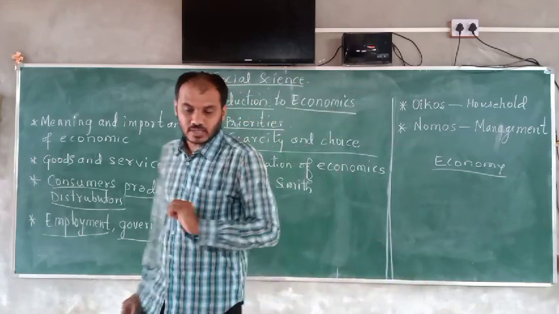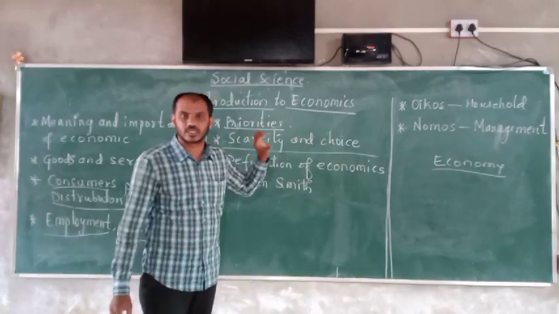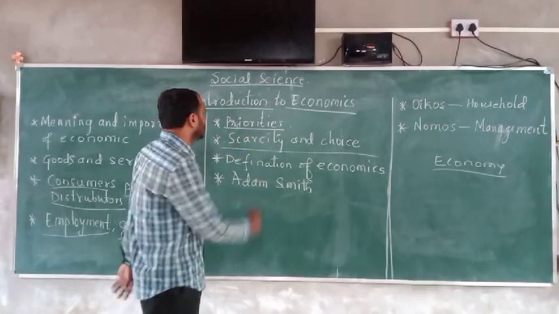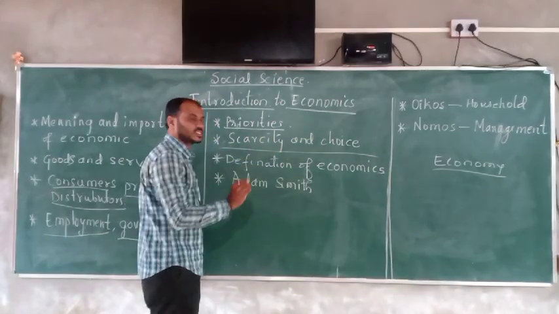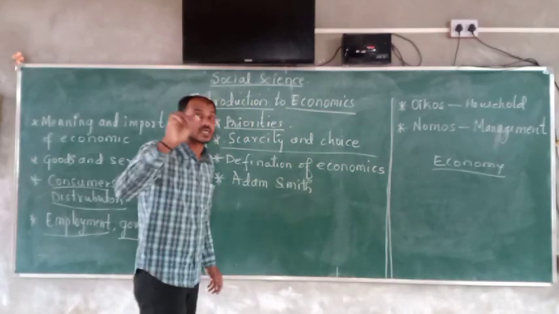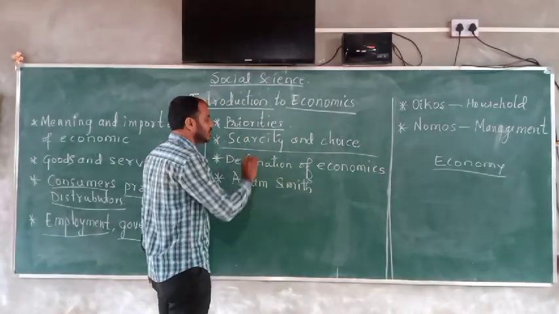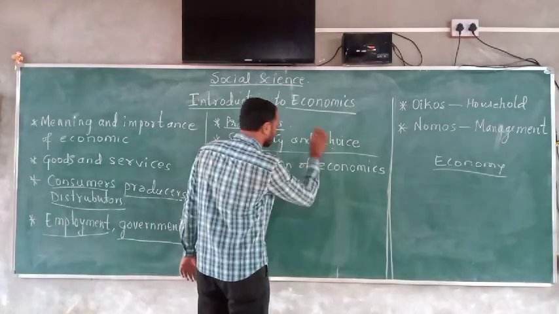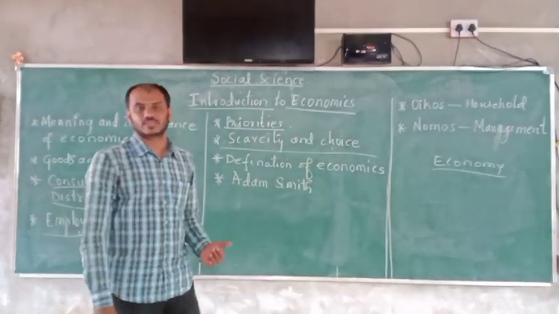So this is called scarcity and choice. So priorities are given, and when priorities come, we fulfill our basic needs. Which basic need is necessary? At that time another concept comes: scarcity and choice.